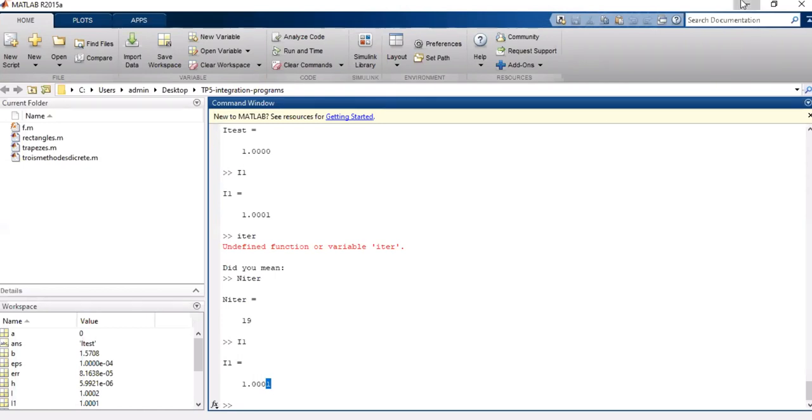All right, so now let's look at another method.